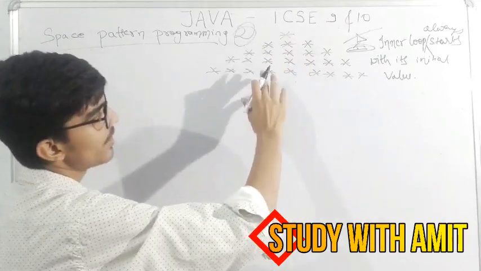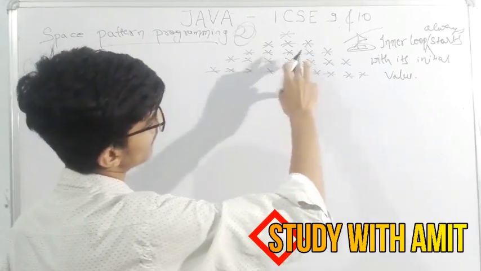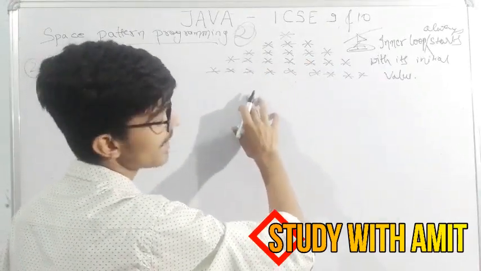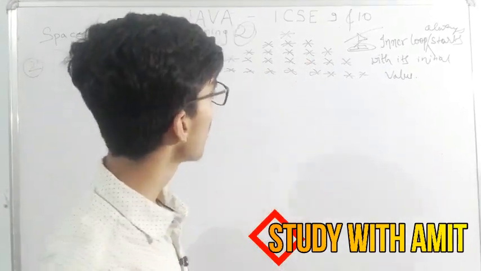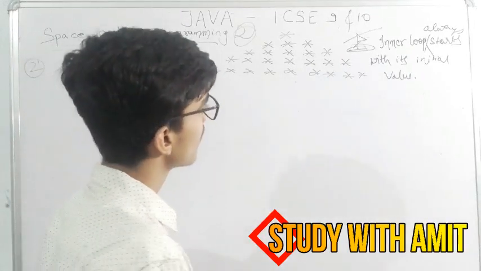First there is 1, after this there is 3, after this there is 5, then 7, and then 9. So now what we are seeing is that it is an increment of 2.